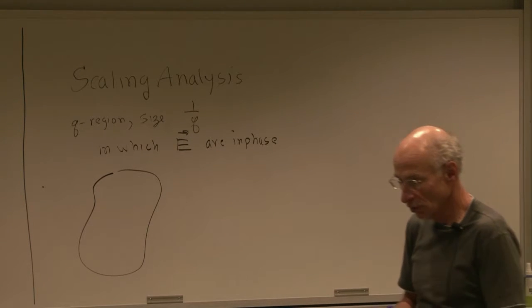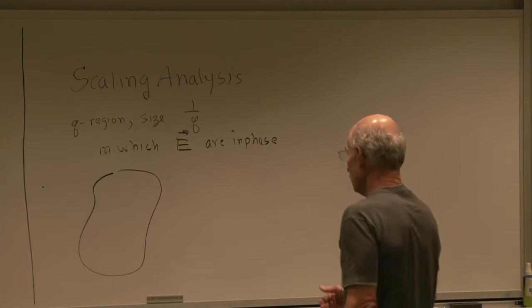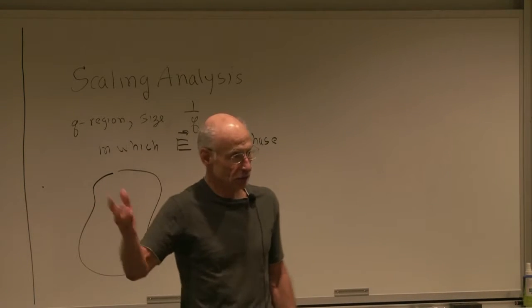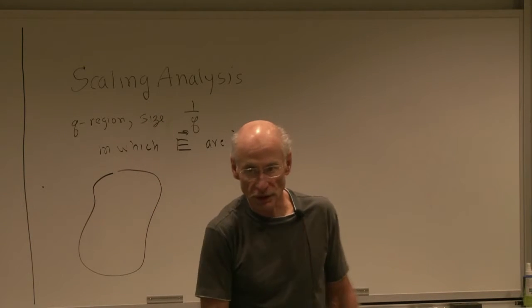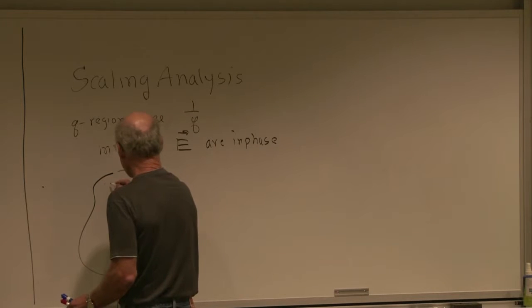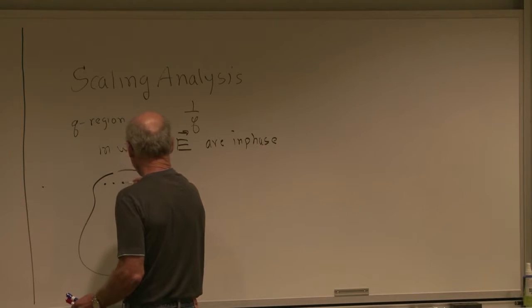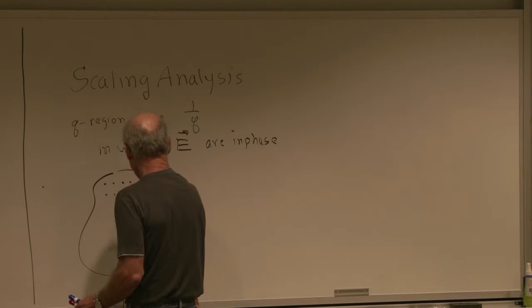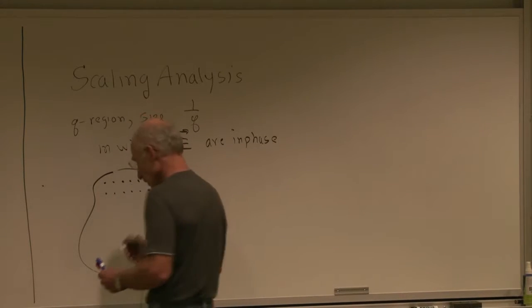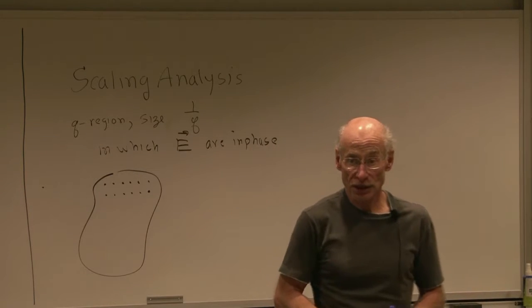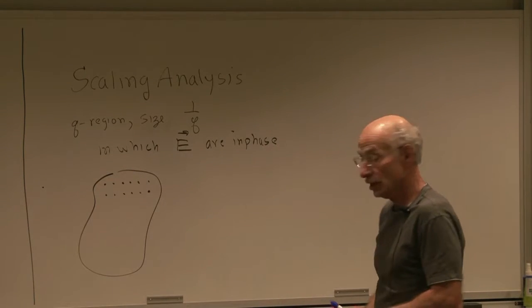This might be a 10 micron grain of sand blown off the Sahara Desert. We're going to break it up into a system of scatterers. Remember, we're putting in little point-like scatterers uniformly in here. That would be one application of what I'm about to do. Another application would be that this is the entire aerosol.